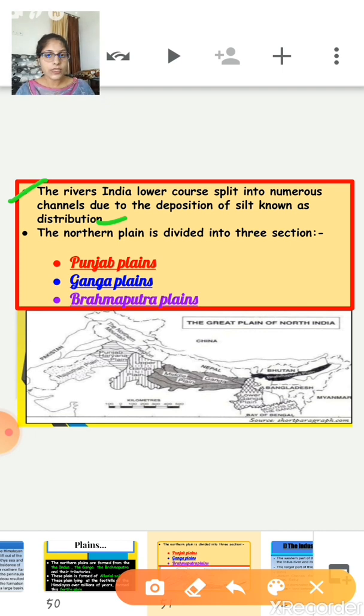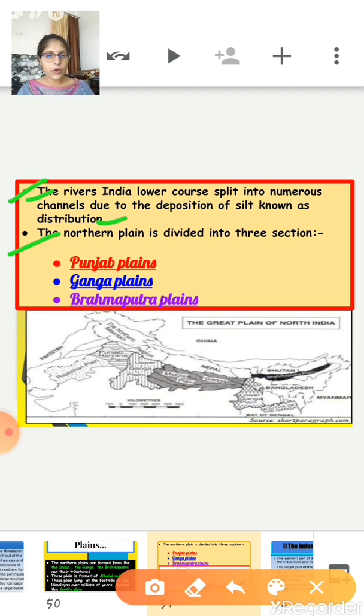Tributaries means small rivers join the main rivers, and distributaries means when the rivers reach the lower course and split into numerous channels due to the deposition of silt. It's known as distributaries.